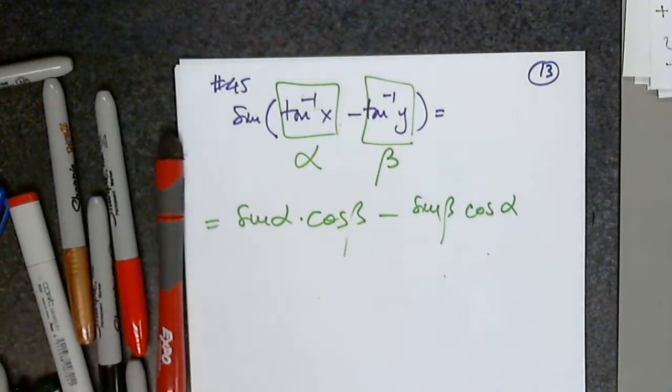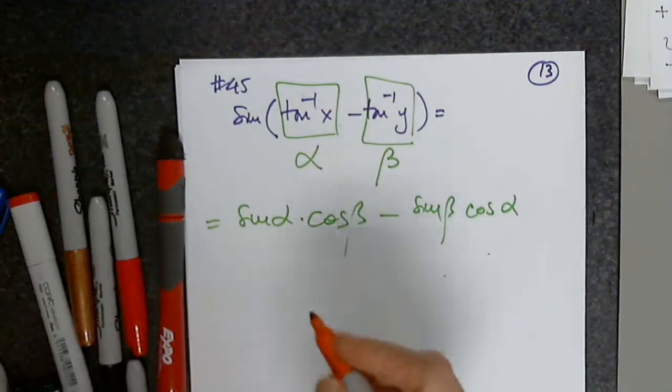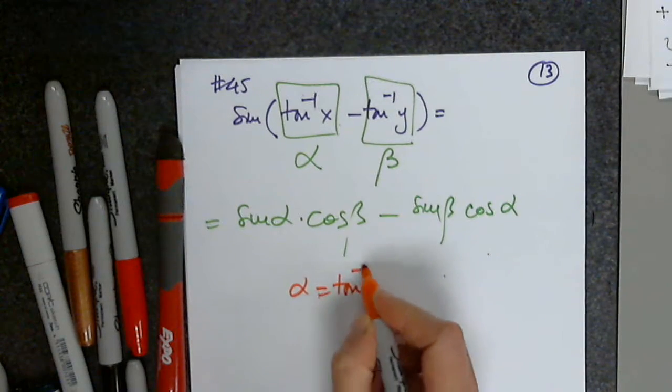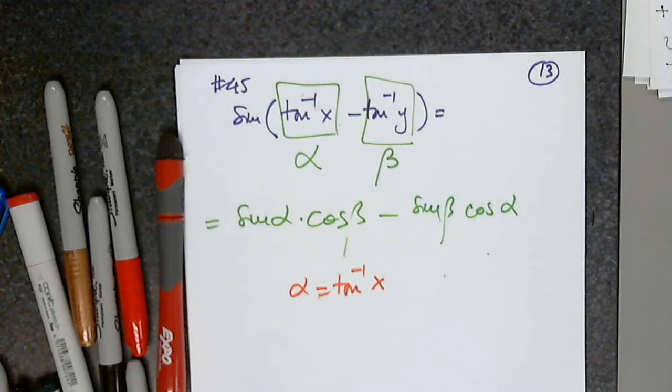Excellent. So now I will take the alpha aside, and I have alpha equals tangent inverse x, and I will stare at it for a second, and something will come to me.